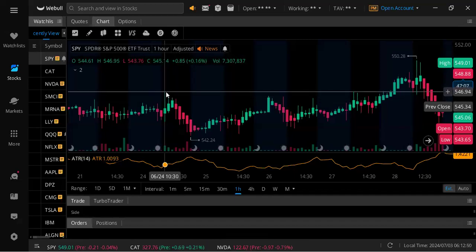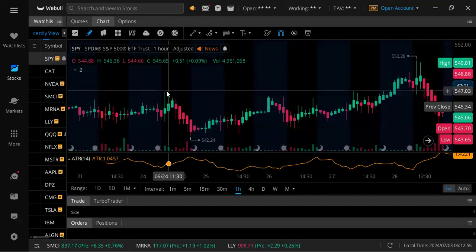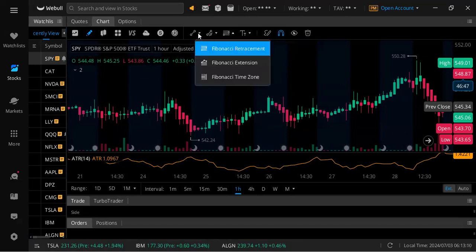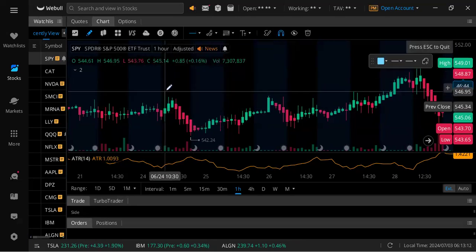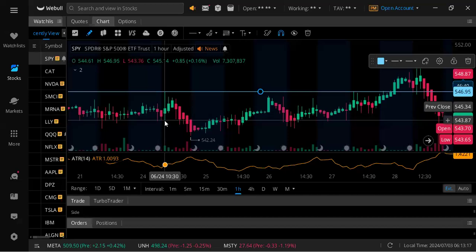Okay, so for instance here, you draw your line, the first hour, you draw your line at the top. This is the first hour, yeah. So horizontal line, you draw at the top, and then this is the first hour candle.